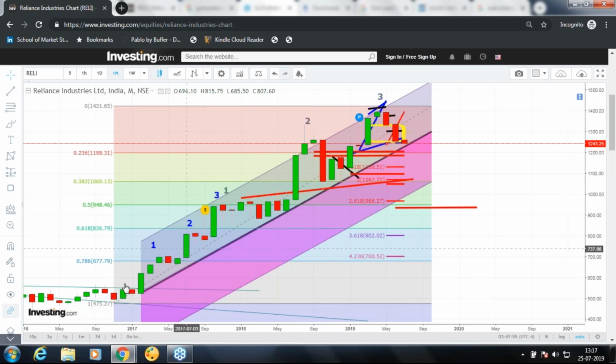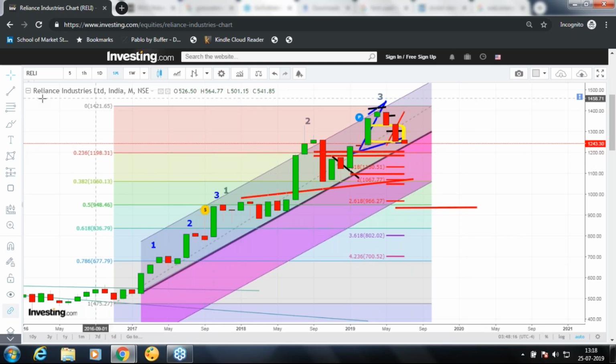Secondly, what we have done is we have also drawn the minimum retracement lines based on Fibonacci retracements. So from the low of the start of the rally to the peak, we have projected down, and you get a minimum retracement level of 1198.